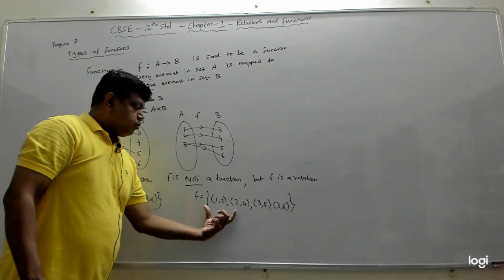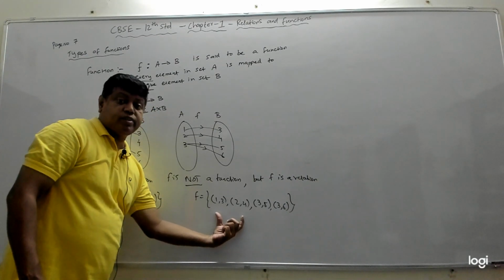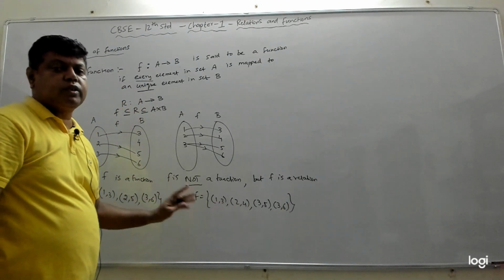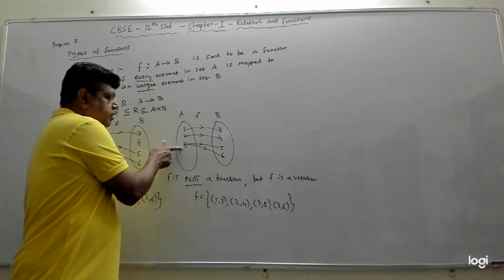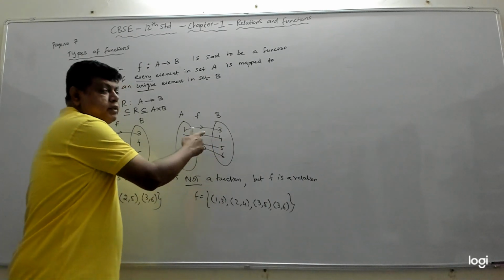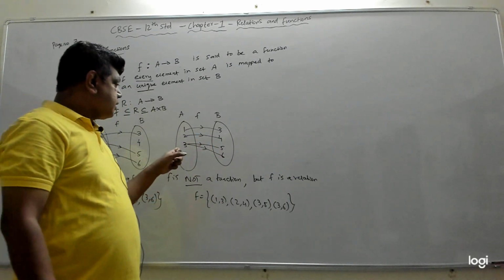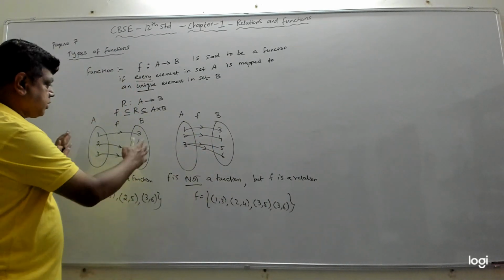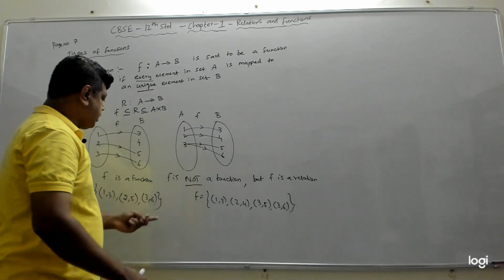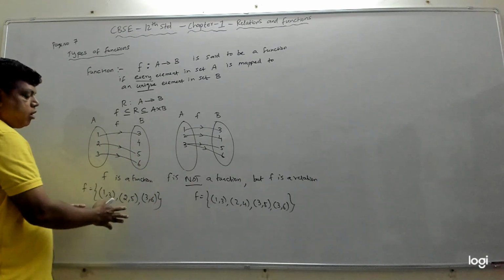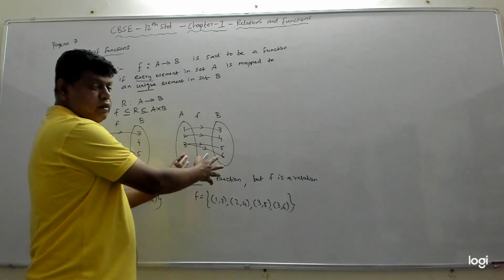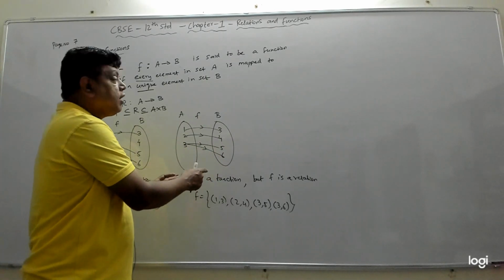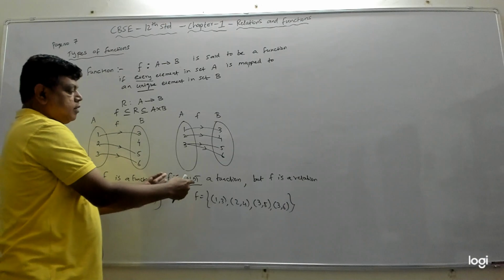So here this F is a relation. It's not a function because one element, 3, is mapped to 2 elements in B. Therefore, this is not a function, but this is a function. Either you can represent the function in an arrow diagram or like this. I call this a relation because it is failing the unique element condition.